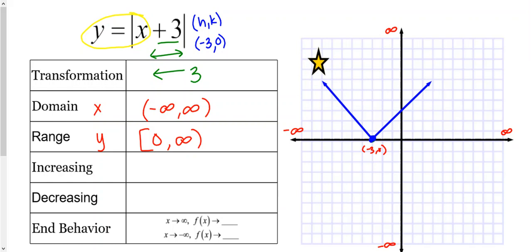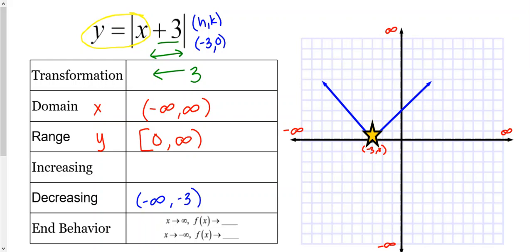We're going to start on the farthest left, which is this arrow, meaning -infinity. So from -infinity, I'm going to go down, so I'm decreasing to my vertex. The x value is -3. So I'm decreasing from -infinity to -3. Both are getting parentheses.